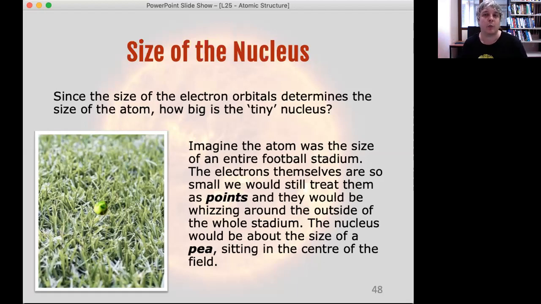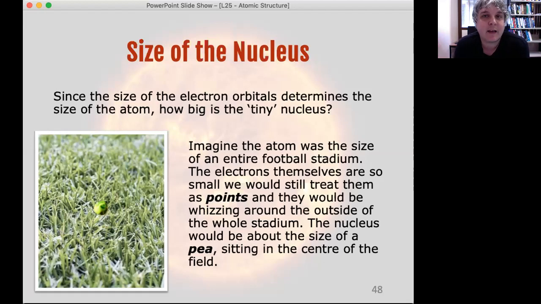If that's how big the atom was, the nucleus would be the size of a pea sitting in the middle of the field. That's how tiny the nucleus is. So it doesn't really matter whether you've got a hydrogen, a copper, an iron, a cesium, whatever atom you've got.